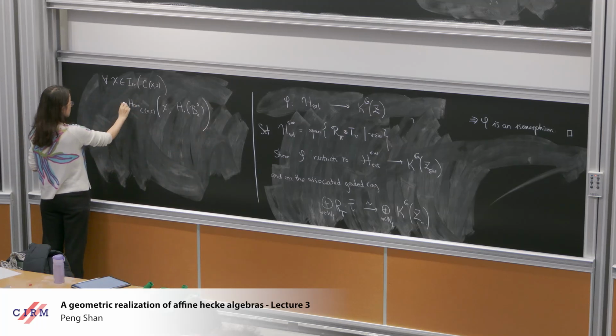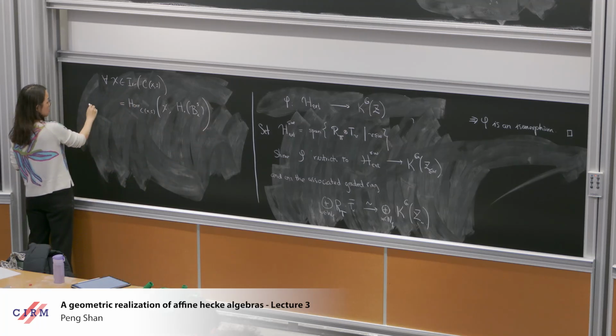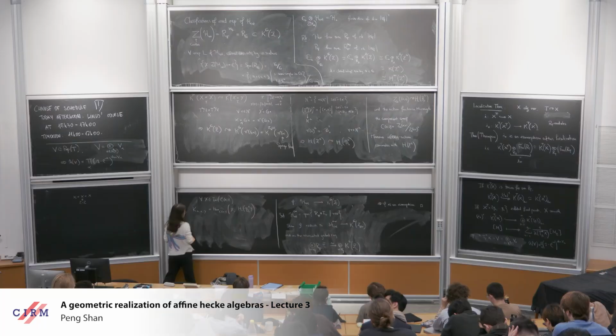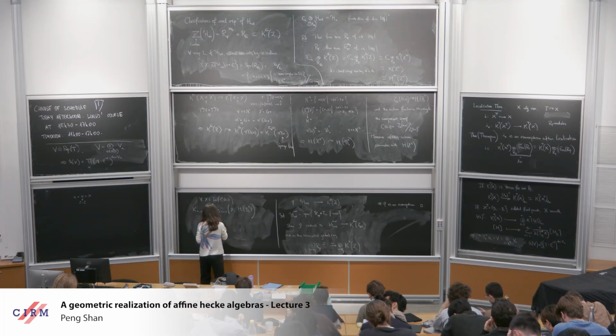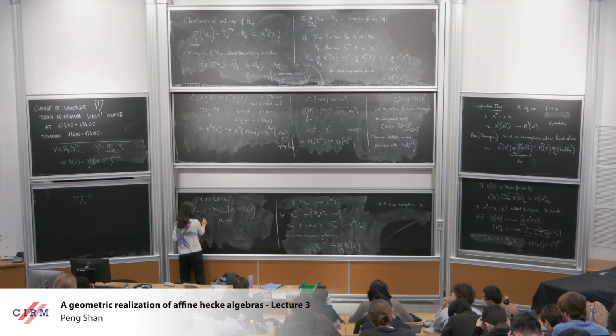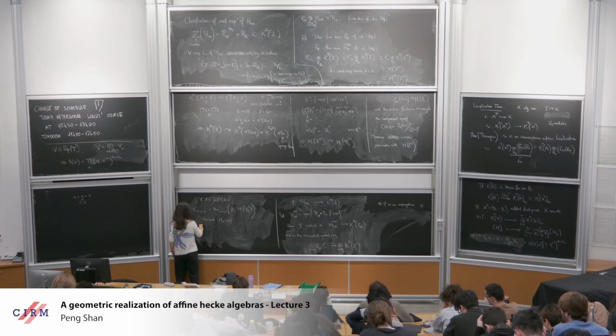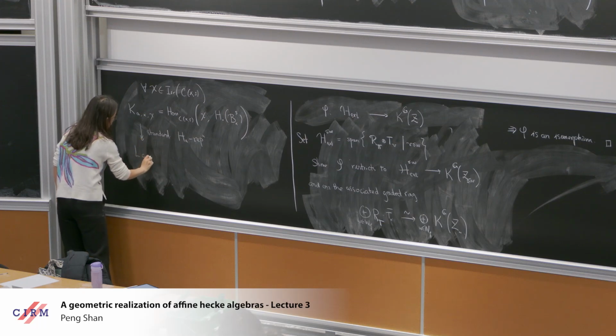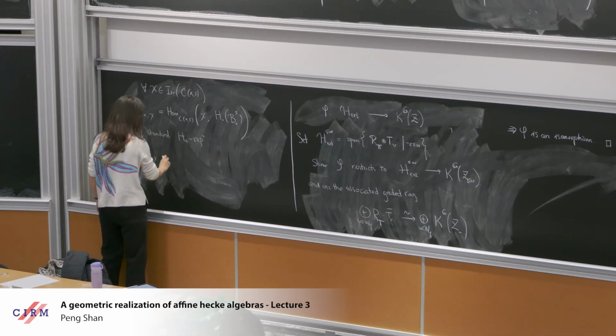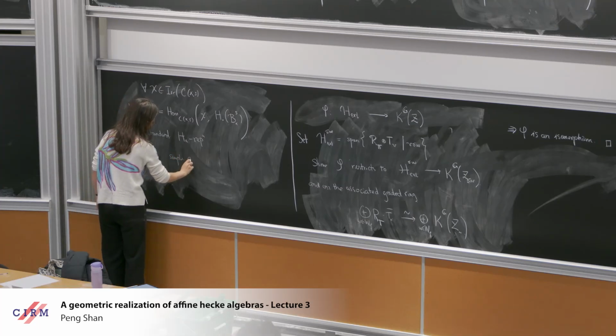Then you get a representation of the Hecke algebra, and this depends on the choice of A, X and this parameter K. This is an H_A representation which is not irreducible, and is called the standard representation. Then you construct a dual standard representation, with which you can show that it has a simple quotient as an H_A module.